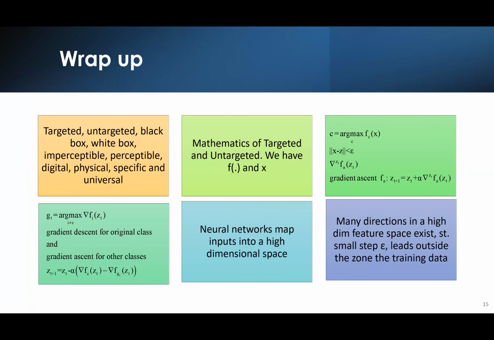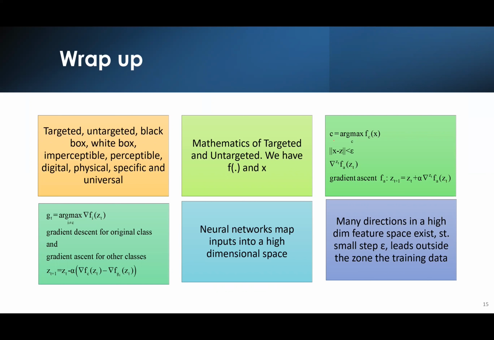To wrap up this lecture, you have learned targeted versus untargeted, black box versus white box, imperceptible versus perceptible, digital versus physical, and specific versus universal adversarial attacks. Also, you have learned how to write the targeted and untargeted attacks mathematically.